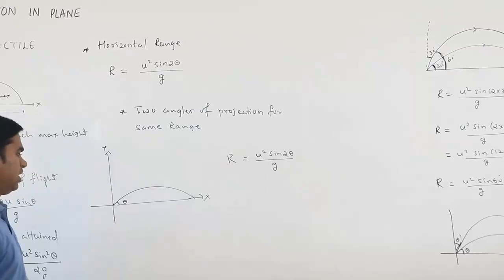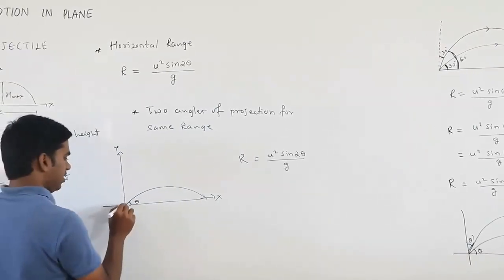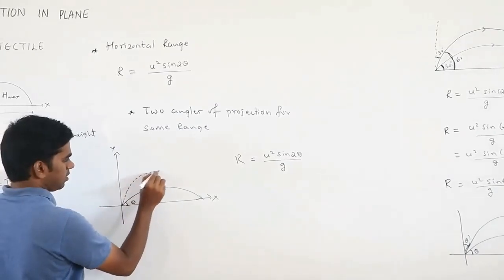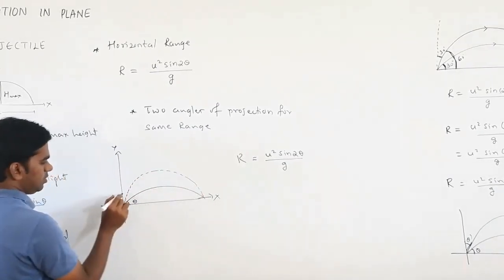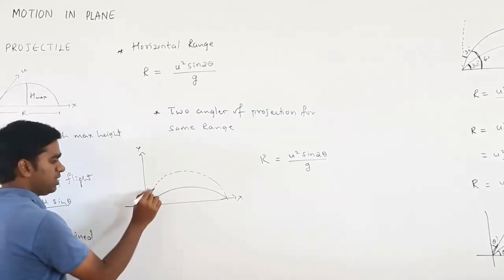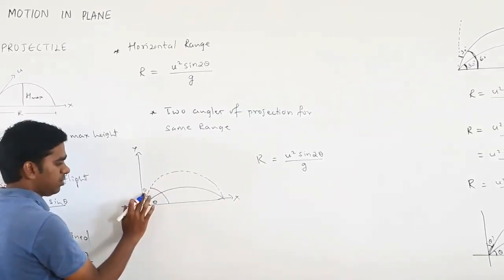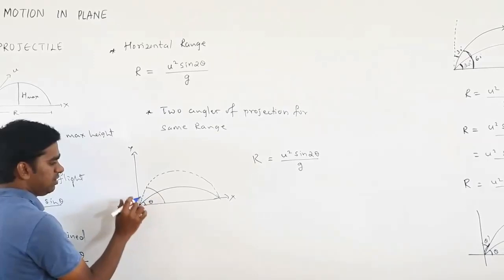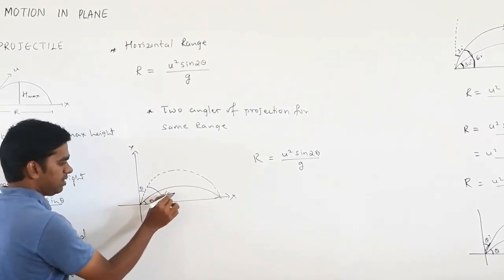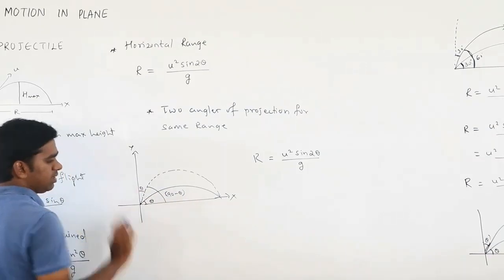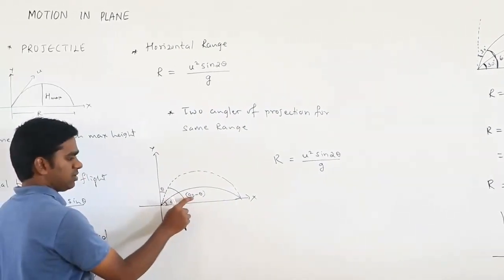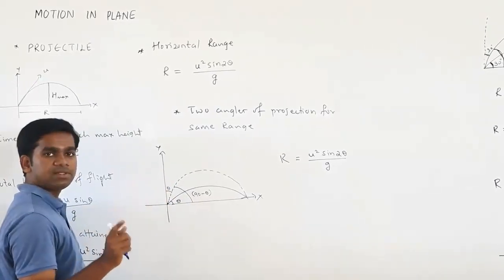Let me take another projection angle. This one is making angle theta with the vertical. But what is the angle with horizontal? Forget about the vertical. If this is theta, this angle will become 90 minus theta. Getting the point?